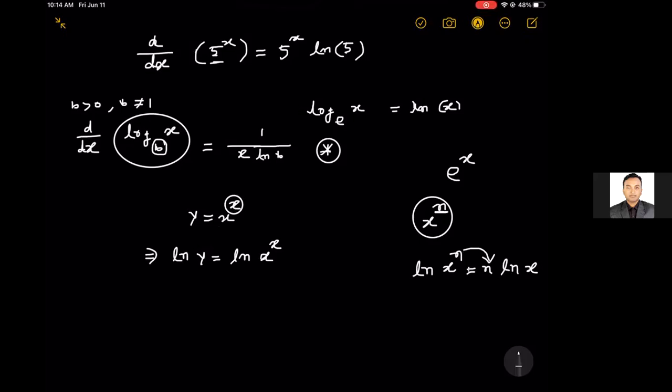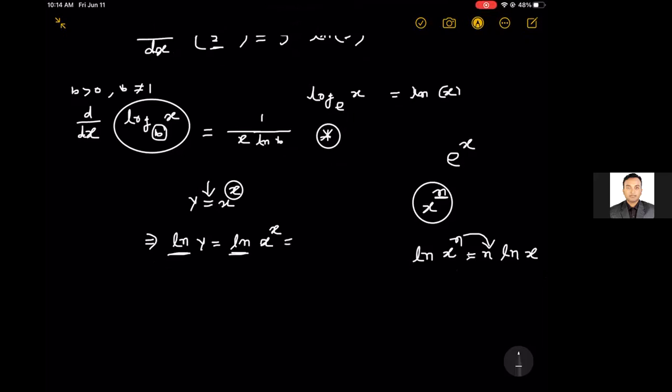Since I'm taking it on my right, I need to take it on my left as well. Because of this equal sign, to keep the value intact, I need to operate the same things on both sides. Now I can rewrite it as x natural log of x using this property. Do you agree?